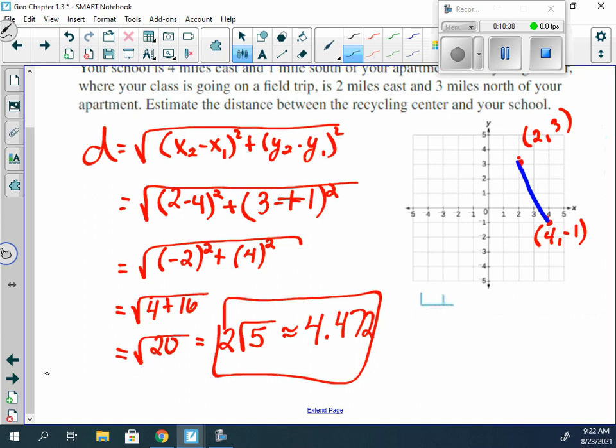I will take either the decimal or the radical. The only time I would prefer or mark one of those wrong is if I ask for it rounded to the nearest decimal number, then we'll want it as a decimal. If I ask for it in simplest radical form, we're looking for 2 square root of 5. But if I don't say, I will take either one.